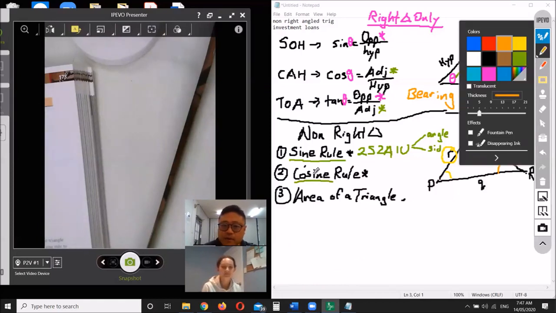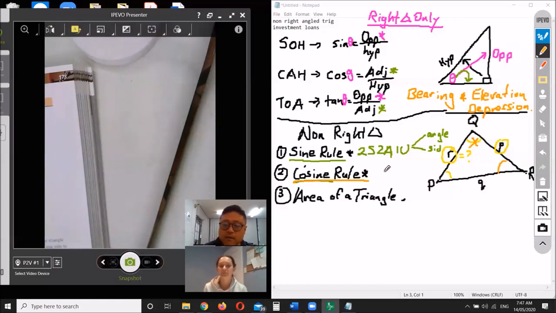Okay, cool. So the cosine rule we use, instead of 2 sides and 2 angles, when it's 3 sides and 1 angle, one of which is unknown. So 3 sides, 1 angle, and then one of which is unknown.